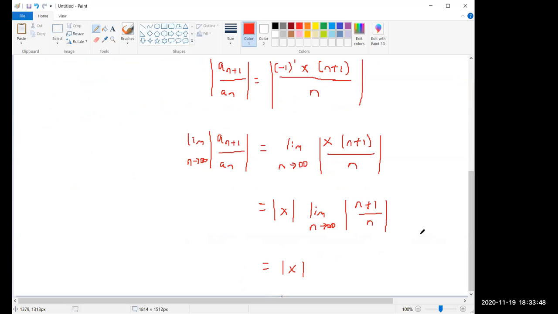Do you guys think you know what's the next step? We got a limit. You thought the limit would be a number because that's what it usually is, but it's not a number, it's a variable. Solve for x.